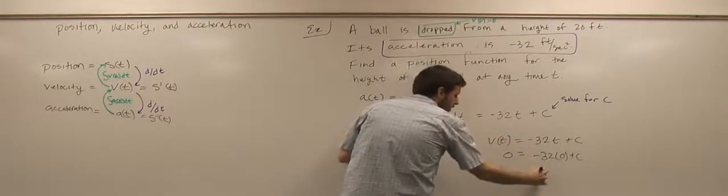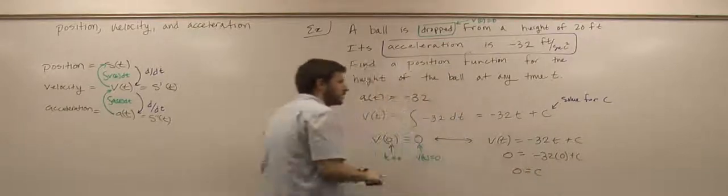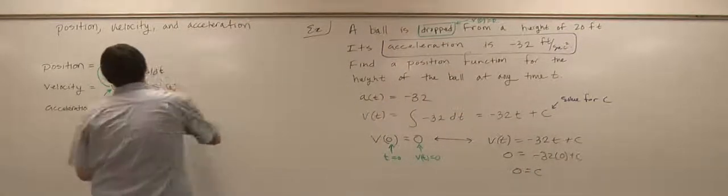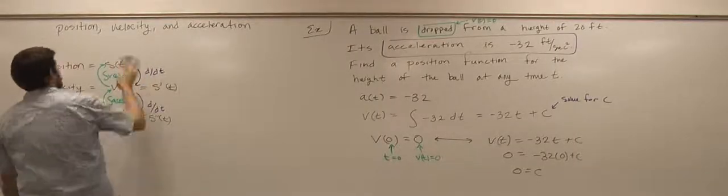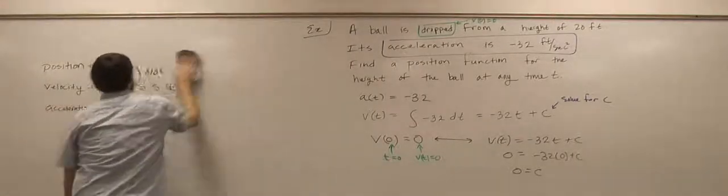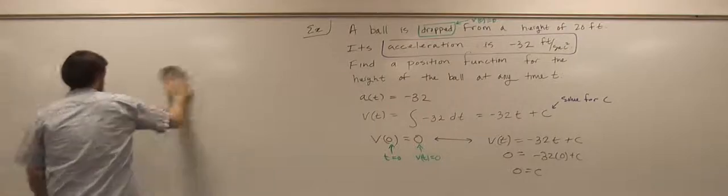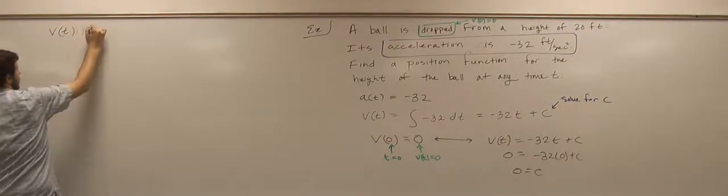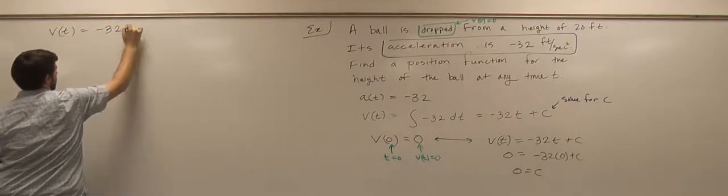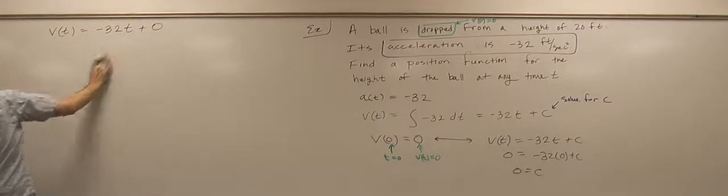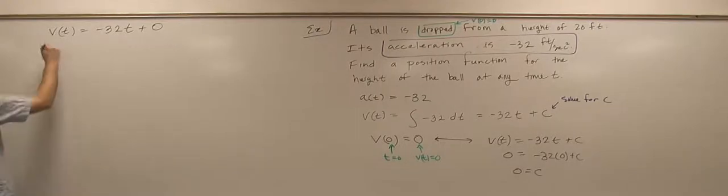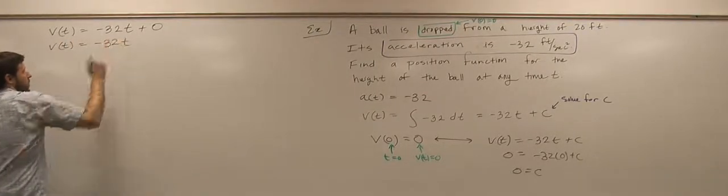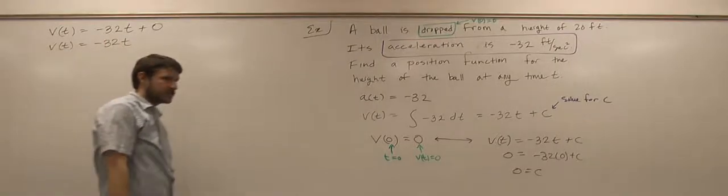And if you solve this equation, c equals 0. Okay. Which means my velocity function is negative 32t plus 0, which is kind of stupid. Write it like this. That's just negative 32t.